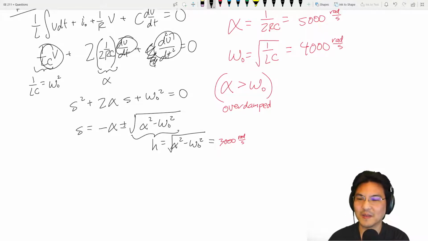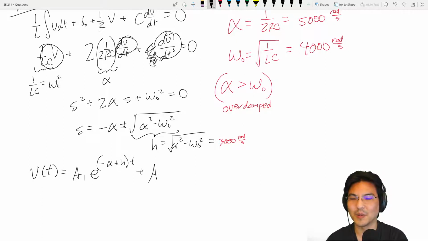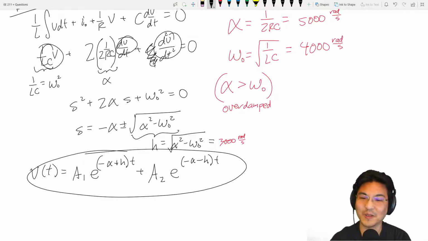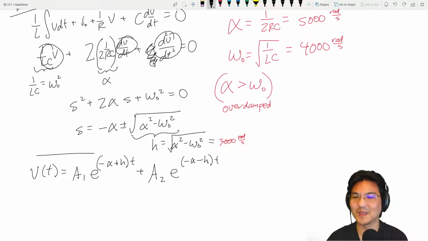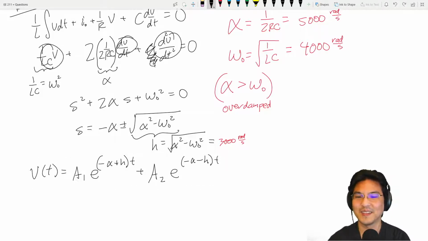Okay, so again, the solution is arbitrary coefficient e to the minus alpha plus h times t, arbitrary coefficient e to the minus alpha minus h t. Okay, and then you can look up that lesson on overdamped, underdamped, critically damped. So this is the solution for an overdamped response.